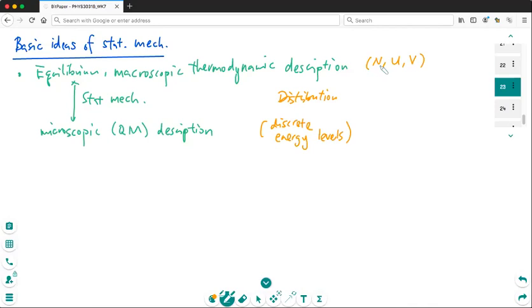Okay, an example of this would be your exam score. The thermodynamic description will tell me the average of the exam score. Let's say we have a class of n students and the average is 67%, and this is my thermodynamic result.